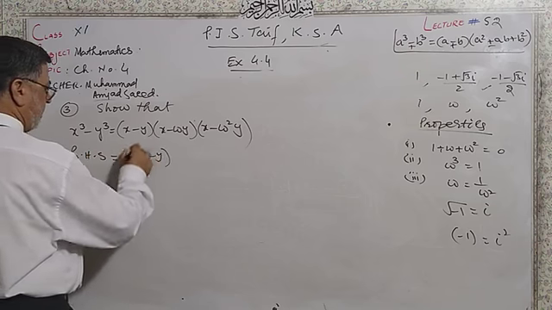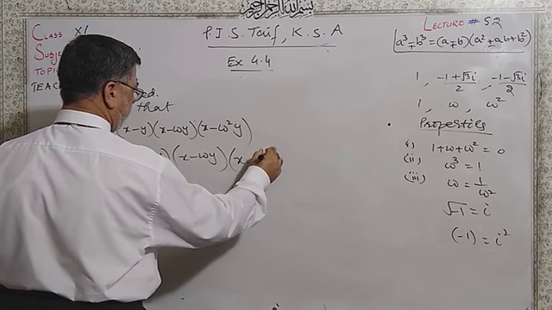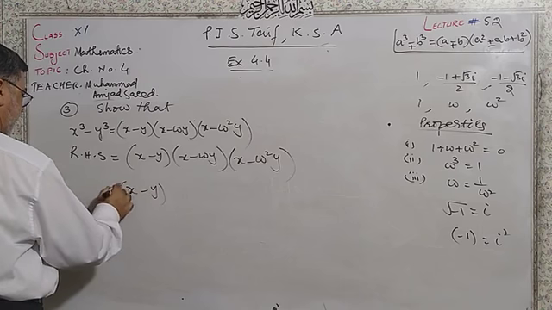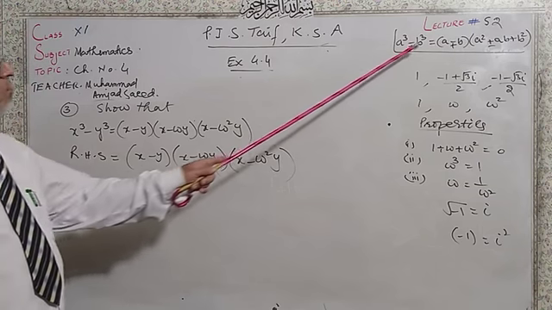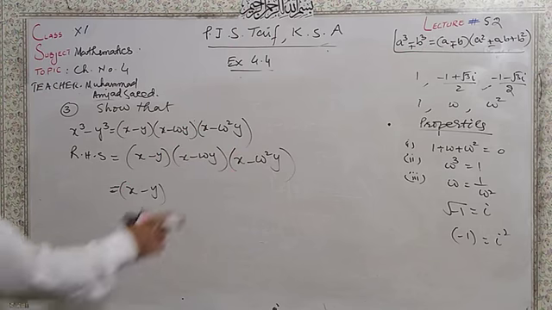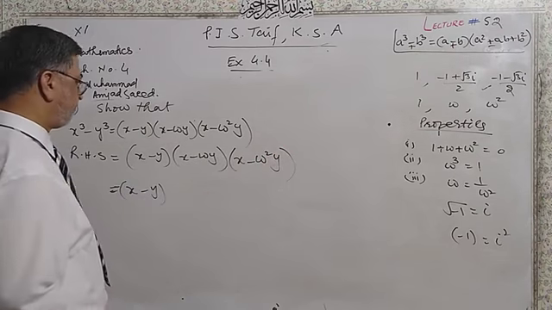Here you can have right hand side, x minus y into (x minus omega y) and (x minus omega square y). Remember that in case of formula, first bracket is a minus b, or x minus y as it is. Here we will multiply these two brackets and we will get like this.